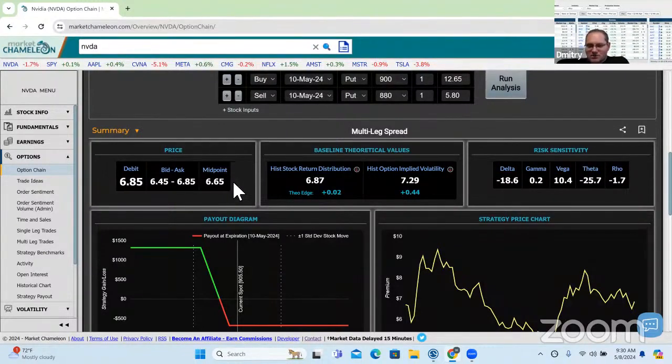And it could also enhance my potential return, because if I paid less and it goes up, I make more, because I saved myself 20 cents. If it goes in my favor, not only did it go up, but because I paid less for it, I make that extra potentially 20 cents that I saved. Maybe you could get it at 650.